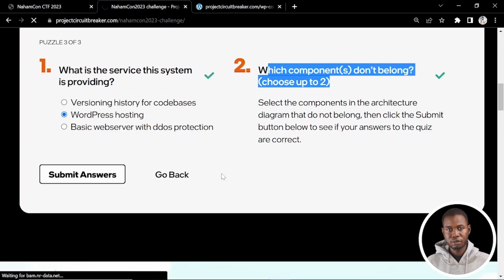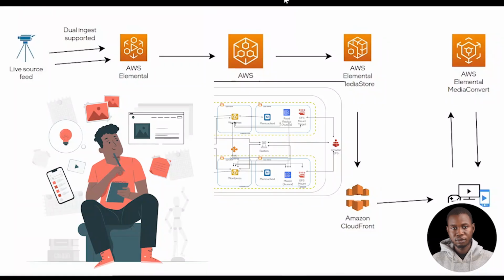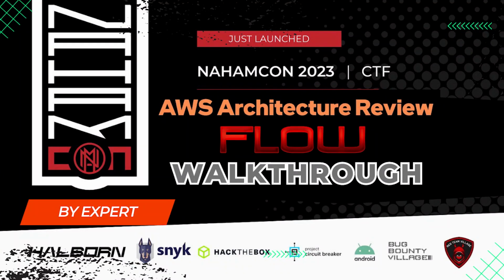Now think of it as a race against time as you navigate through the challenge, especially if you are new to AWS services like me. But fear not, our problem-solving skills, attention to detail, and quick thinking will be our greatest allies. So without further ado, let's get started.